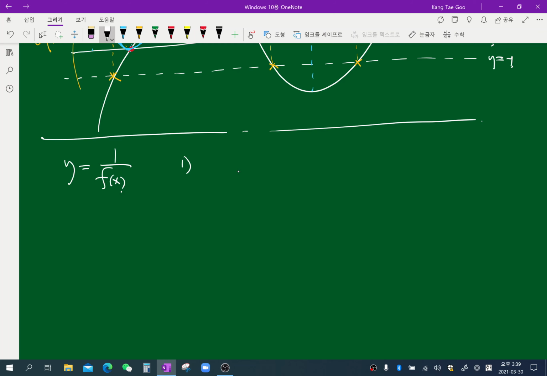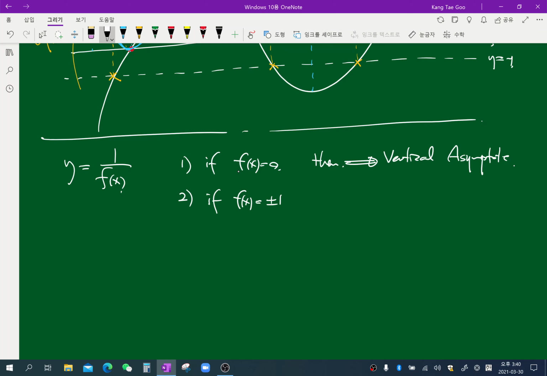The first thing, if f(x) is 0, then it goes to be a vertical asymptote, right? Secondly, if f(x) is plus or minus 1, then this is the so-called invariant point. Even though we make the reciprocal of those functions, still the value is the same, right?